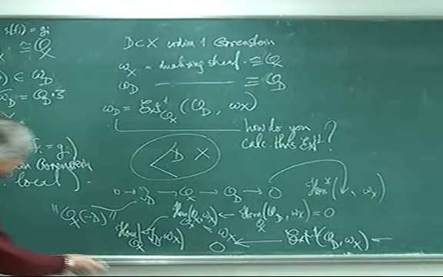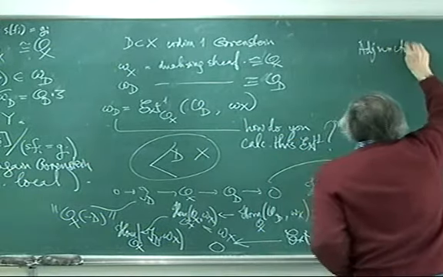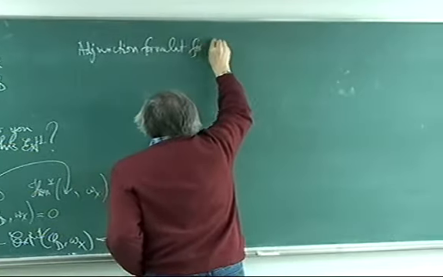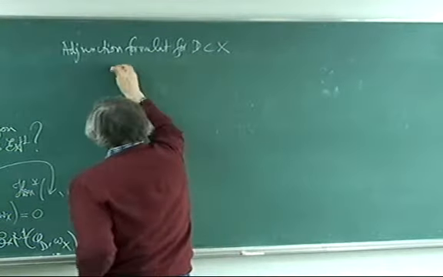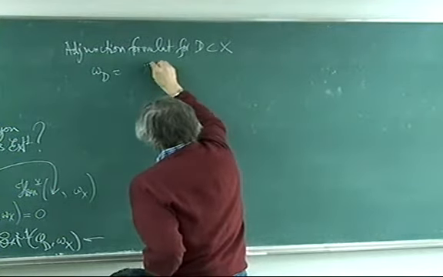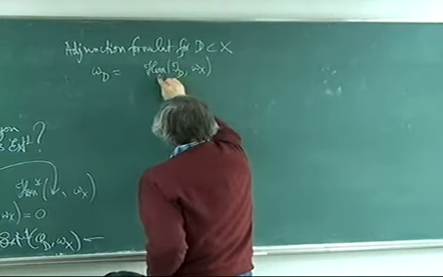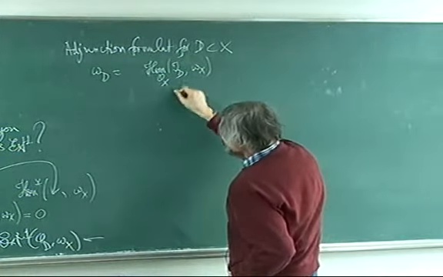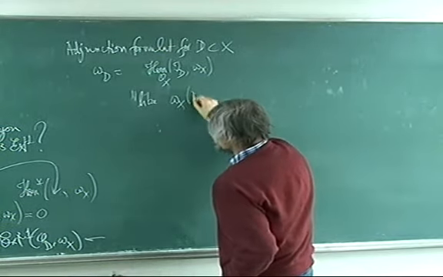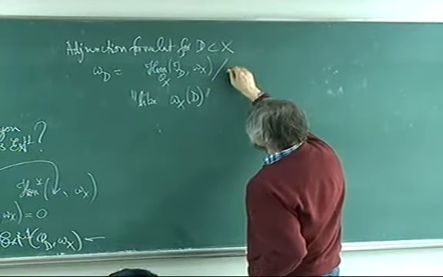Yes, and so this is the adjunction formula for D inside X. It says that omega D is this thing, Hom of ID into omega X. Right, and so I'm really thinking of this as being like omega X with poles on D, and then divide this out by omega X itself.